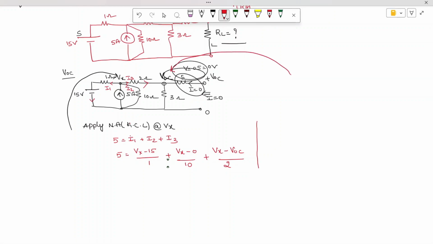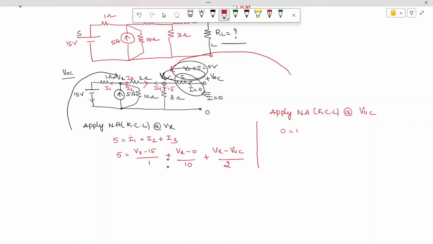We also require the voltage at this point. In order to find this voltage, let us apply nodal analysis, which is KCL at node VOC. Here I3 is completed. Let's mark this current as I4 and this current as I5. There are no entering currents, so 0.